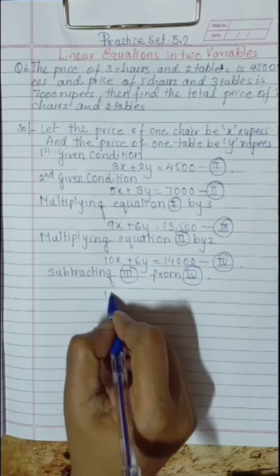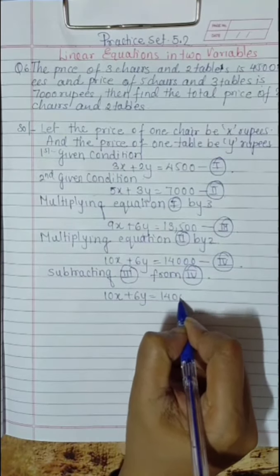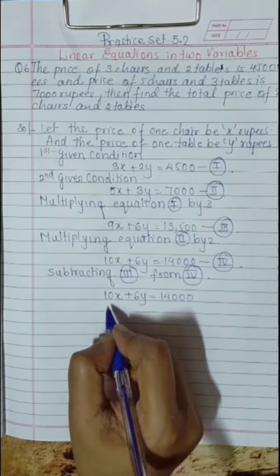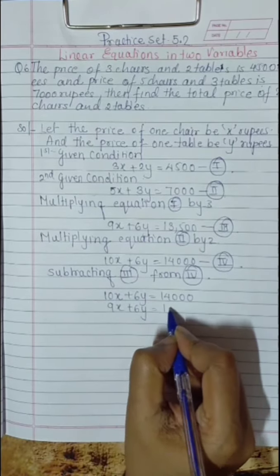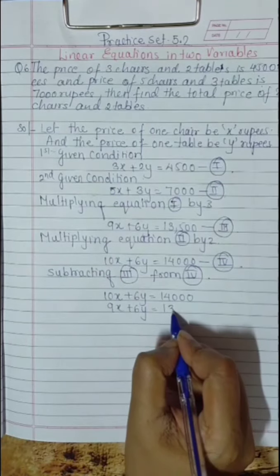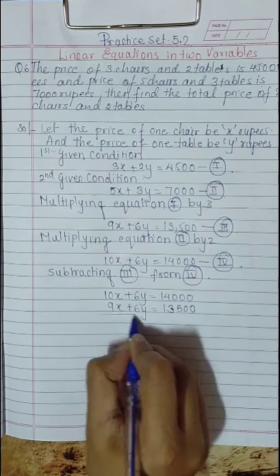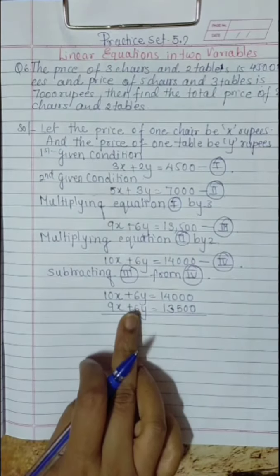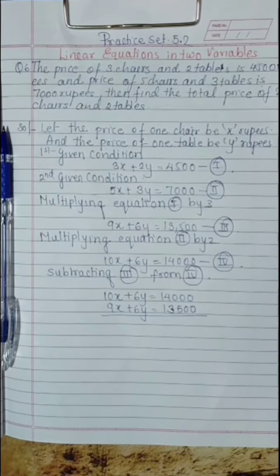We'll write 10x plus 6y equal to 14,000 upon 9x plus 6y equal to 13,500. Now here we have to change the sign.